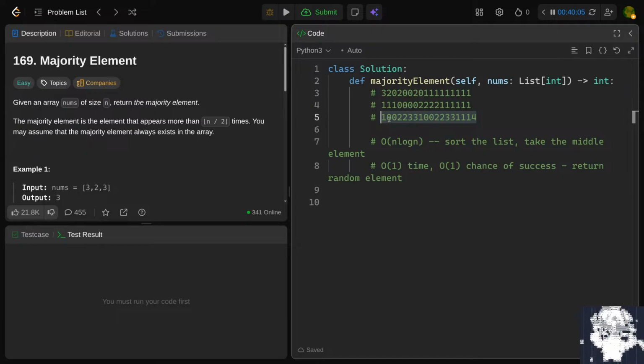You have to have too many windows where it's not the majority element. Yeah, I'm trying to say something like that.